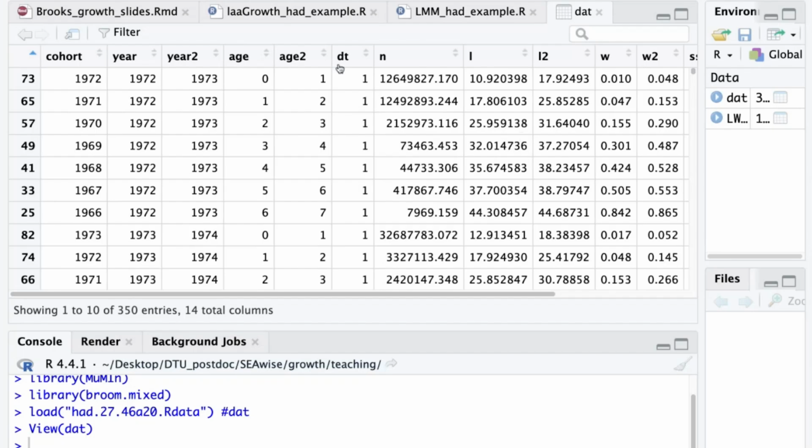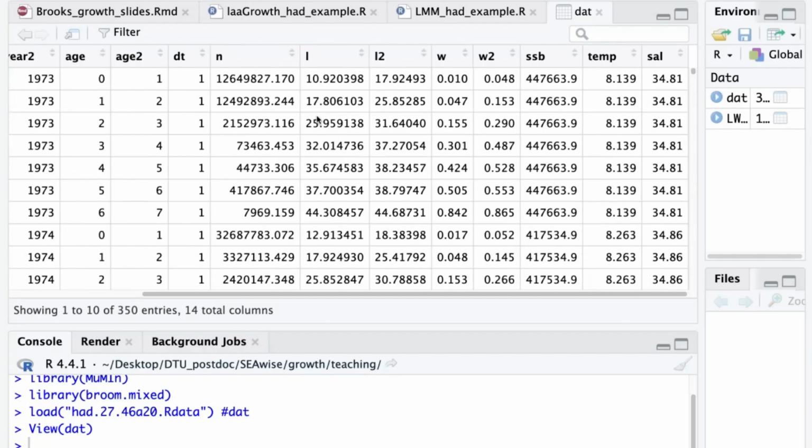But basically, you can see that the increment is annual. The growth, we're observing annual growth. And so we've got all these cohorts, and they're measured every year from one age to the next. And there's no missing data, which makes it quite convenient.